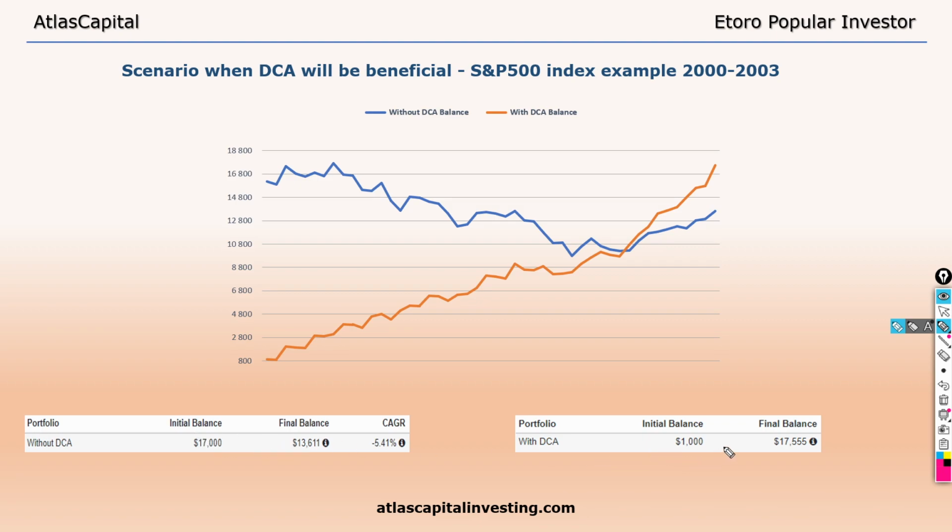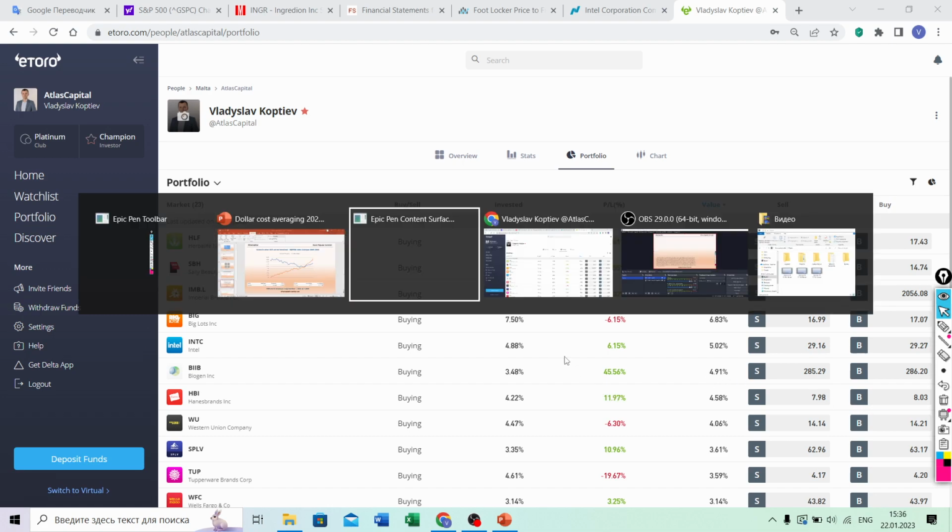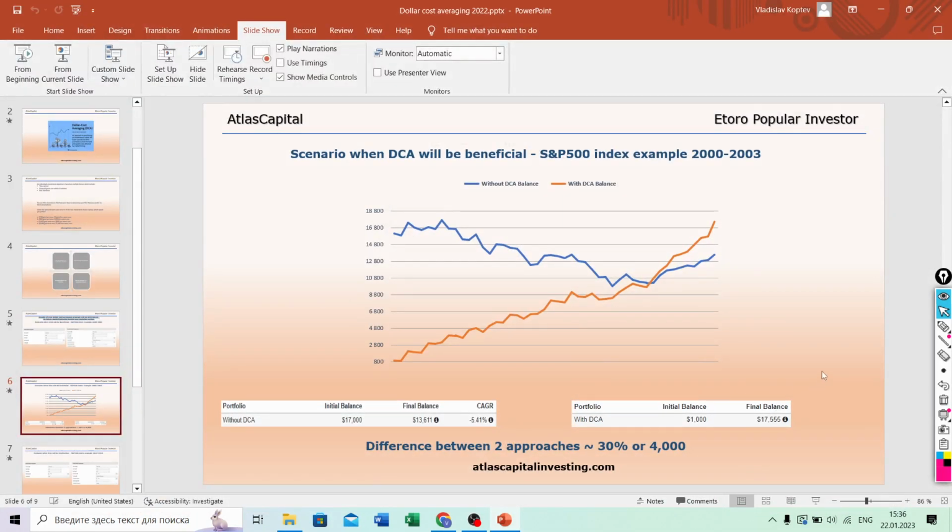And the second portfolio has grown by 500 US dollars, meaning that at least we didn't lose anything and we earned a little bit. And that's the difference between the two approaches, which is around 4,000 or 13%.